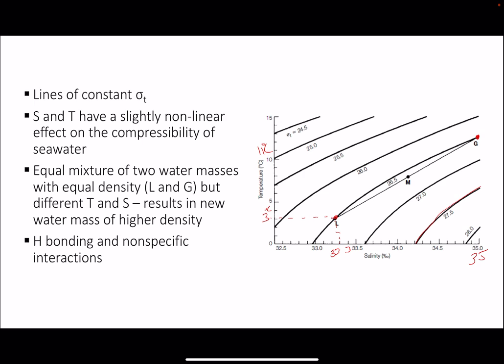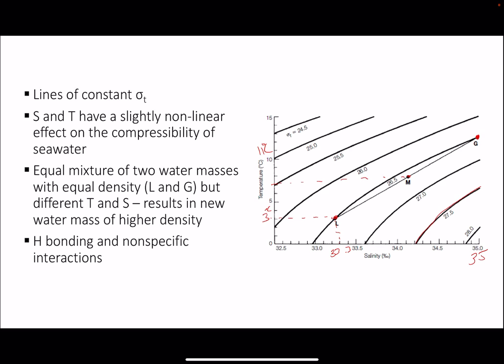If you took these two water parcels and mixed them together, so you make a new water, let's say you grabbed a bucket of L and a bucket of G, and you stuck them in a third bucket called M and mixed these two up, the temperature would be the average of G and L, so the average of 3 and 11, which is 7, and it looks like that's exactly what that is.